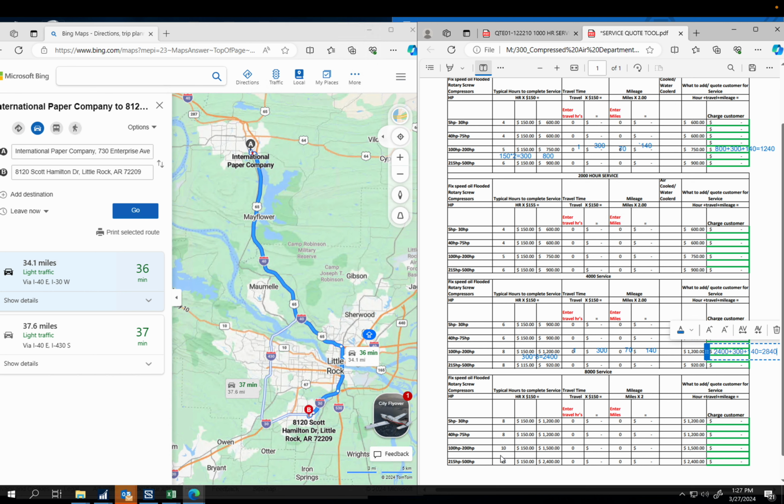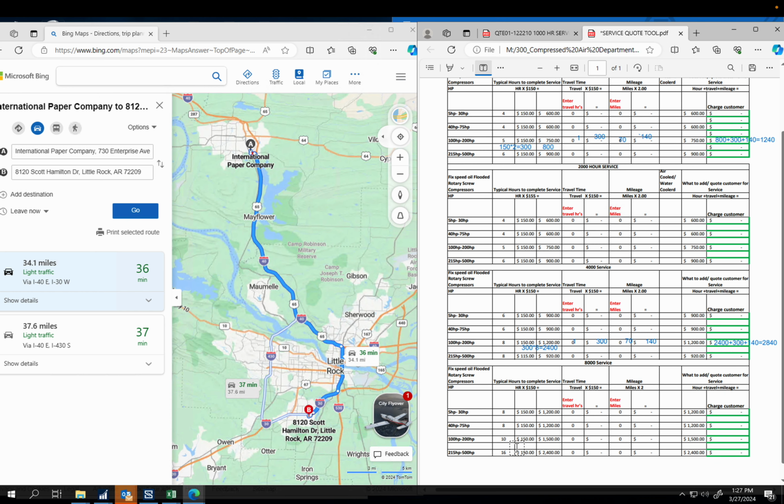And it should be, okay, so it's a little bit more here for an 8,000-hour service. So 300 times 10 is 3,000. Then the 1 hour of travel at 300, and 70 miles, which is 140.